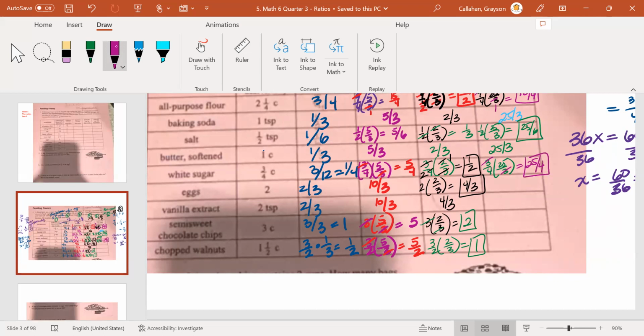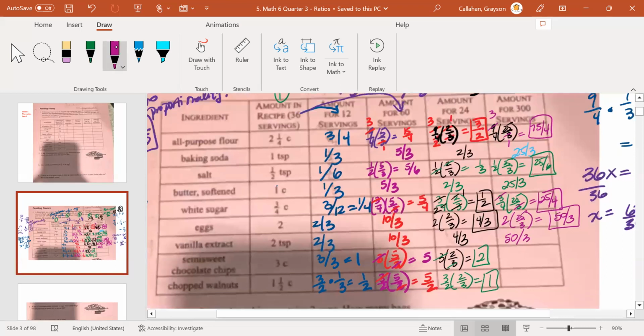Okay? 2 times 25 over 3 is going to be 50 over 3. That's as low as it can go. And then 2 times 25 over 3 is the same thing, so 50 over 3. If you want to reduce this even further, you could write it as a proper fraction, but I'm just going to keep it as is.